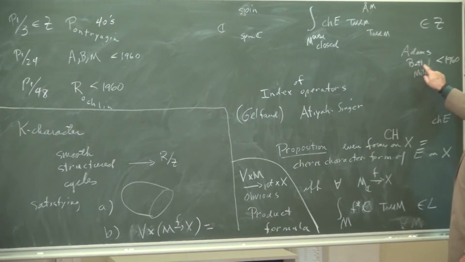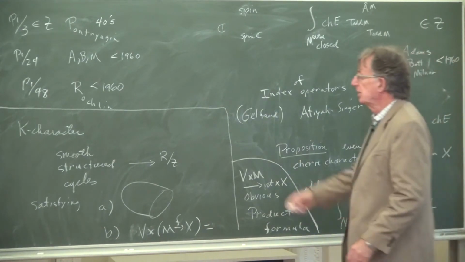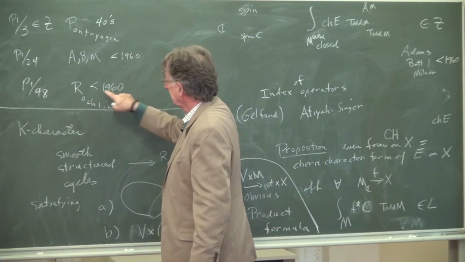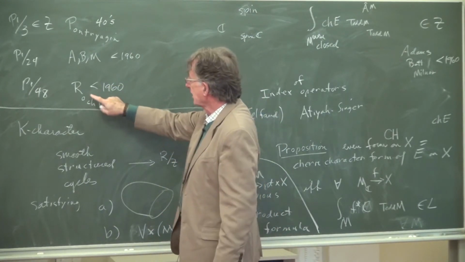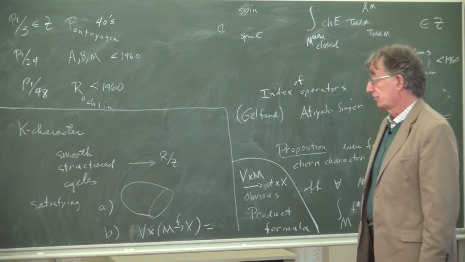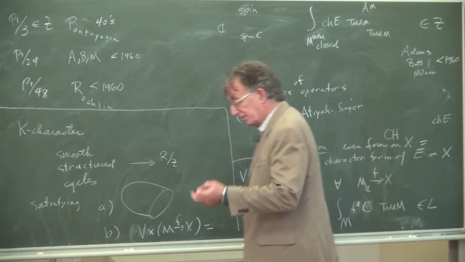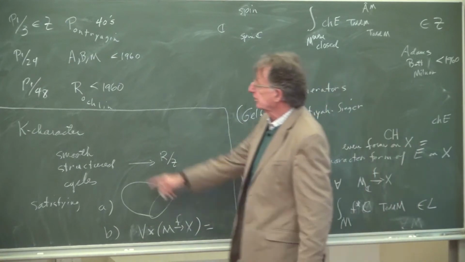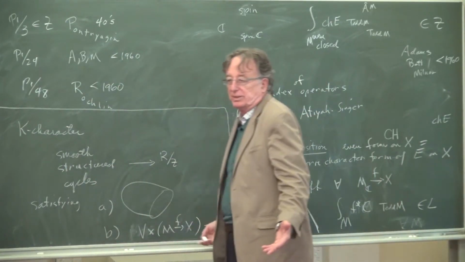Adams, Bott, Milnor. Bott proved the Bott periodicity theorem, and then Adams and Milnor extracted the maximum information out of that and got that certain things are integers, in all dimensions. But already in the late 50s, I think Rokhlin found that actually P1 over 48 is an integer for spin 4-manifolds, and this turns out to be the significant fact that distinguishes 4-manifolds. To be an integer, you have to integrate.